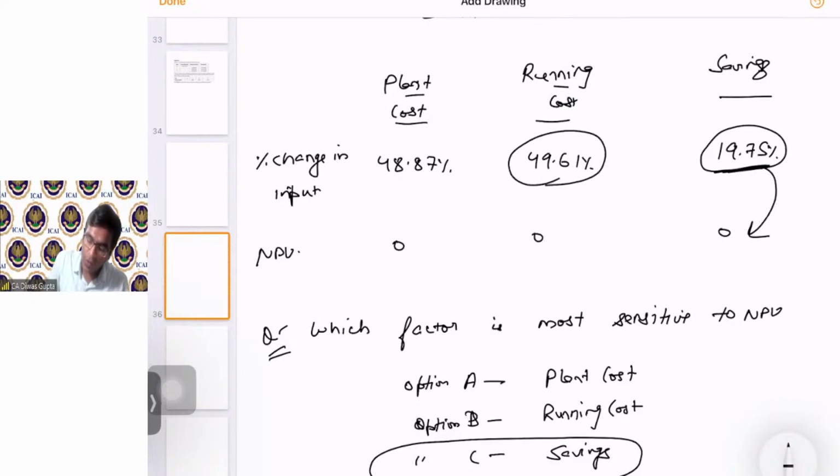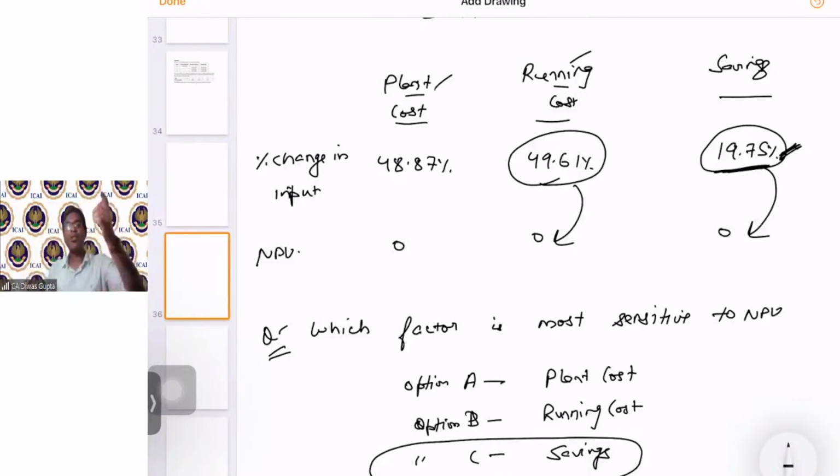Here the running cost has to change by almost 50% to make NPV zero. But in savings, the change is very small compared to plant cost and running cost. Savings has to change by only 20%, which is 19.75%, to make NPV zero. Hence it is most sensitive.